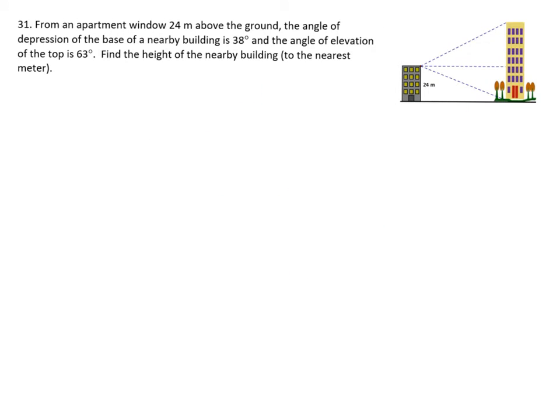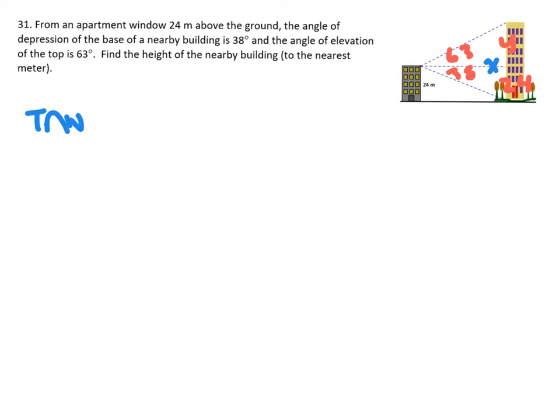In this case, it takes two calculations to get our answer. 24 is the height here. They give us a 38 down in this spot, 63 looking up at this spot. We'll call this height y. What we're going to do is find what I'll call x, the distance between the buildings. So again, this will be a tangent question.